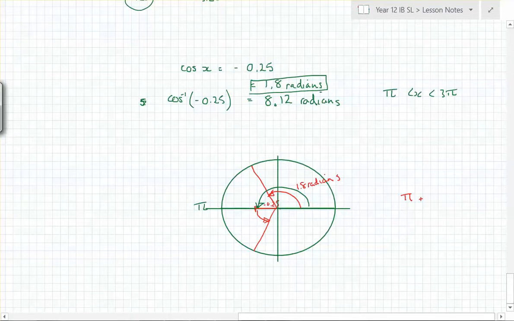So it's pi, so I've got to work out this, what have I got to work out? That bit, because that's the same as the other side, yeah? So how do I work that bit out? It's pi minus 1.8 radians. So actually that is pi plus pi minus 1.8. Okay? So what's that answer?